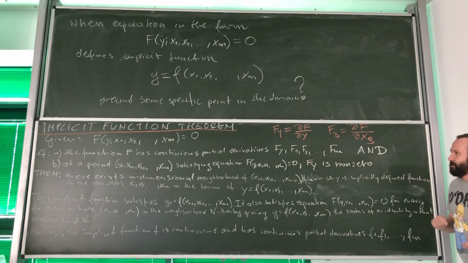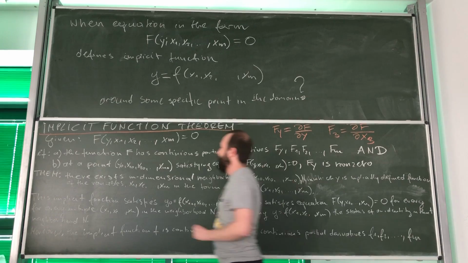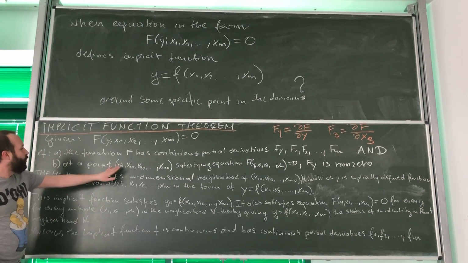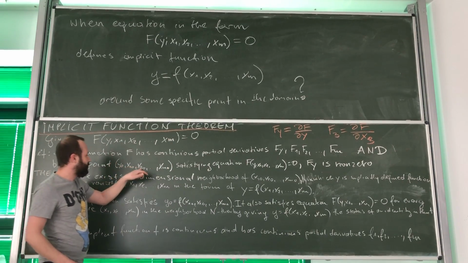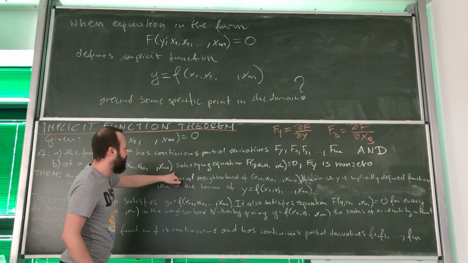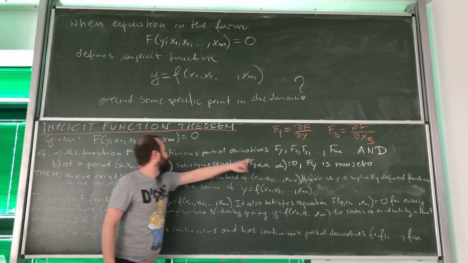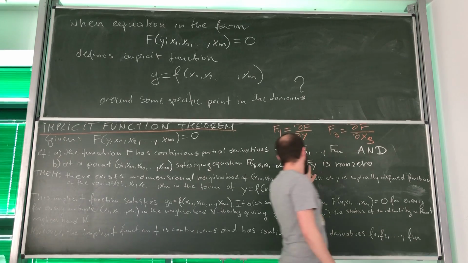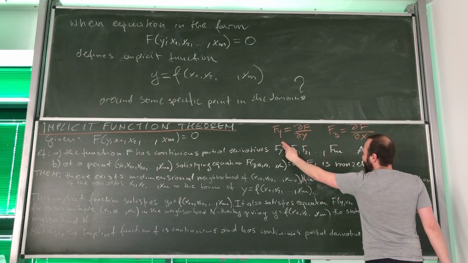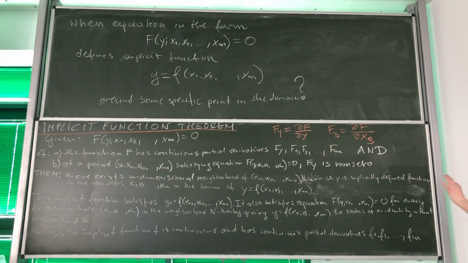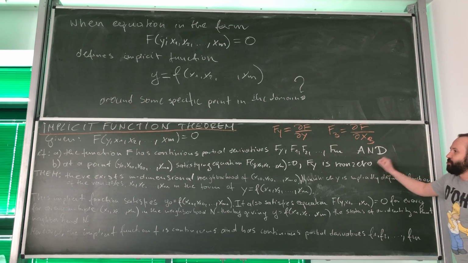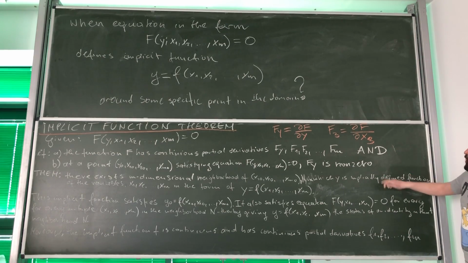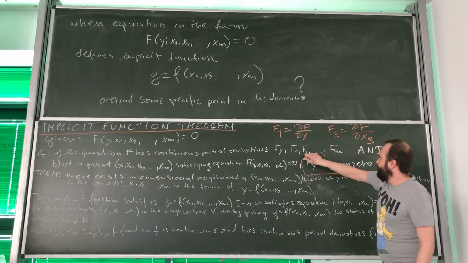However, there is a second condition. At a point y0, x10, x20, xm0 satisfying this equation, the derivative of F with respect to y must be non-zero. So it's different than 0. This is the main condition.